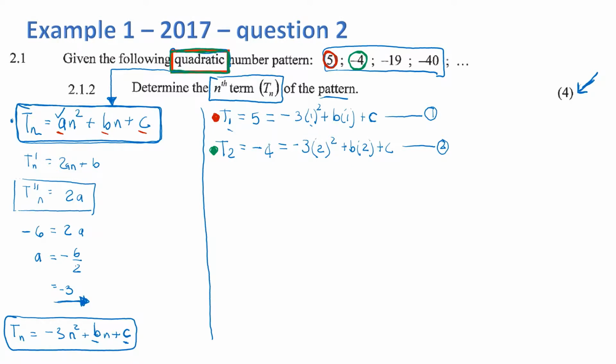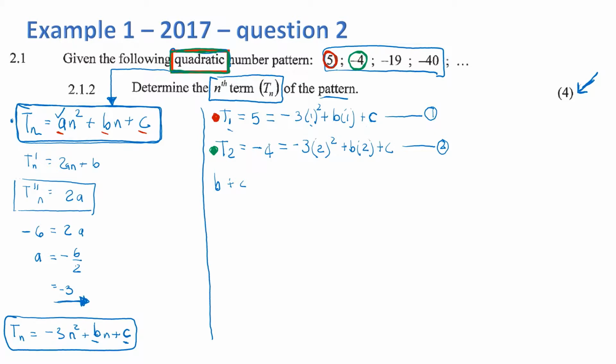Okay, cool. So, 2 equations, 2 unknowns. This should be pretty basic stuff. Let's see. I'm going to rewrite 1, right?